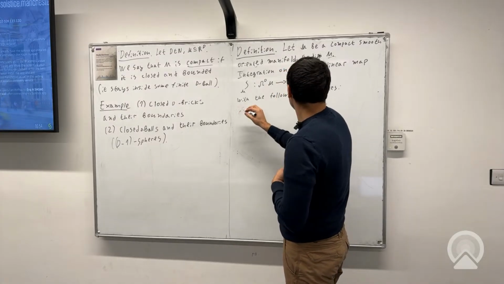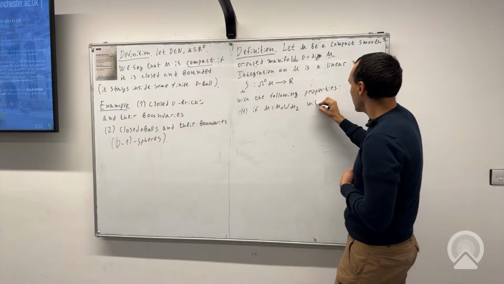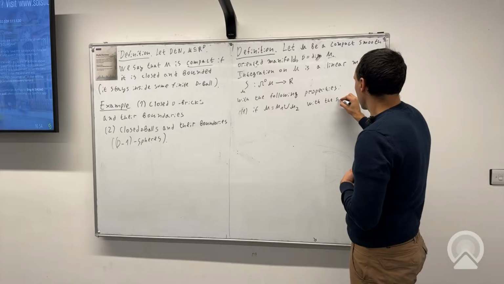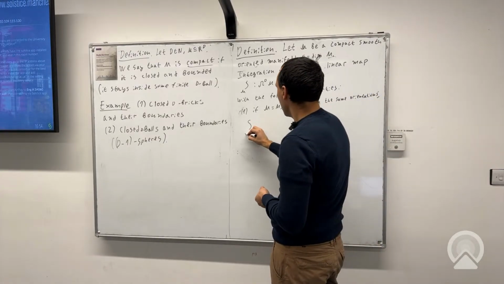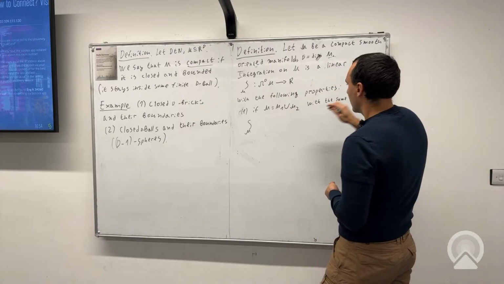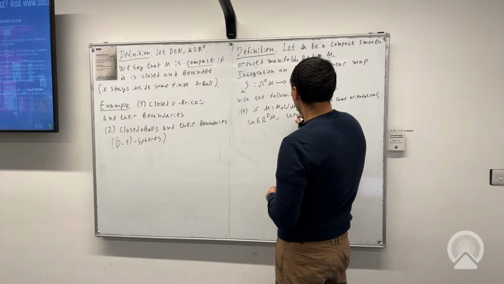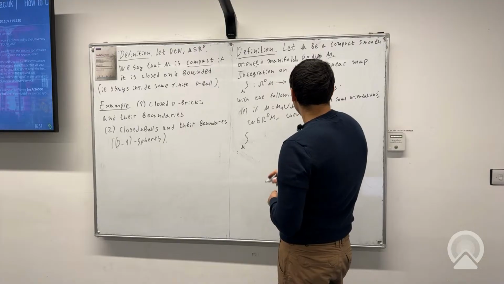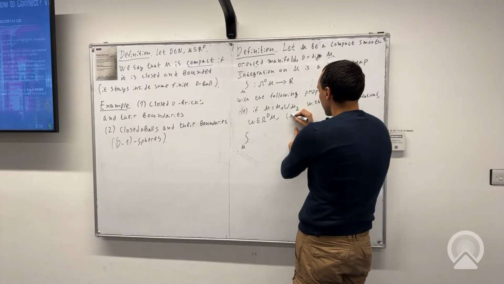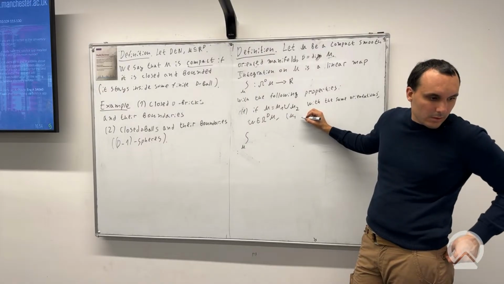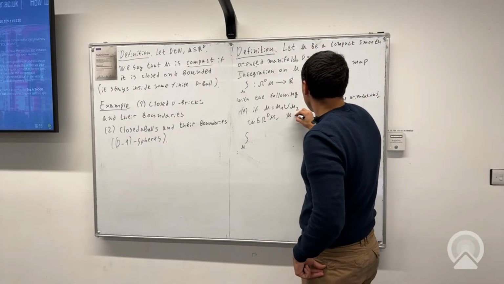If M is M1 united with M2 with the same orientations, then the integral over M of omega, a D-form, is additive, if they don't intersect, that is, if M is disconnected.